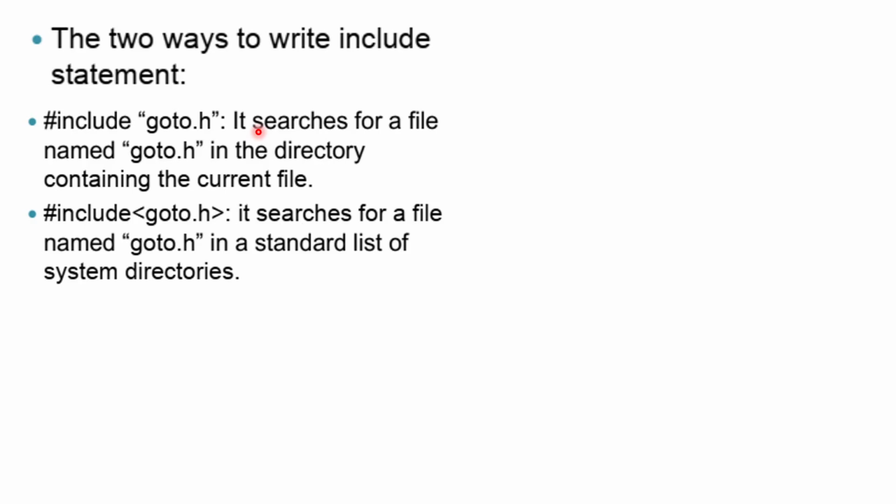Obviously the compiler will not be able to find that, so it will go to the header file directory and find it. Since those header files are already present in a predefined location, you will not realize the difference between using double quote or angular bracket.